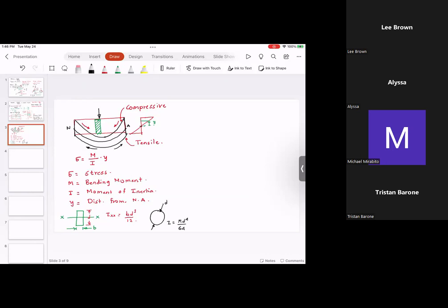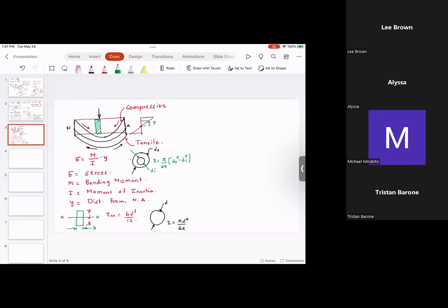Then if you have a hollow cross section, with D outside and D inside, I is going to be pi by 64 times D outside to the 4 minus D inside to the 4.